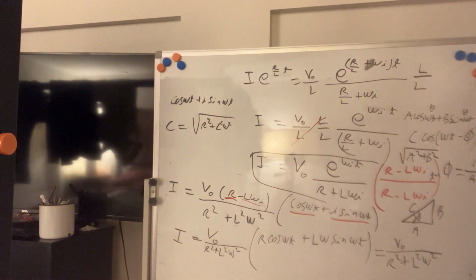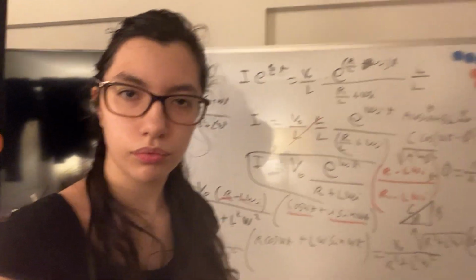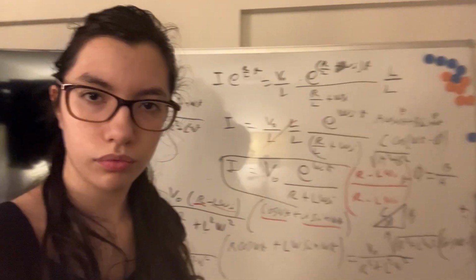So here I have C, the square root of R squared plus L squared omega squared, and then cosine of omega t minus phi.